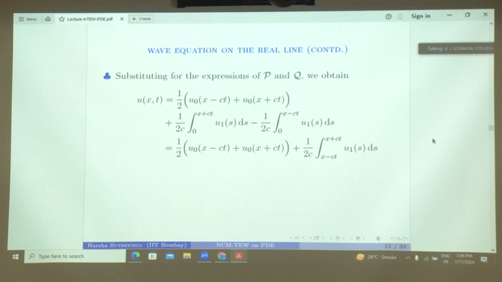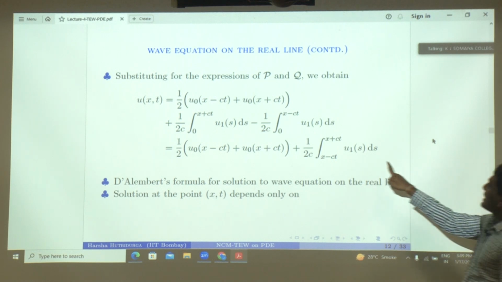That's it. Once you are given u naught and u1, you can blindly write down this expression, and that is a function of x and t variables, and it turns out to solve the wave equation. So this is the wonderful formula which goes under the name of D'Alembert. This is known as D'Alembert's formula for the solution to the wave equation on the real line, where x runs in R.